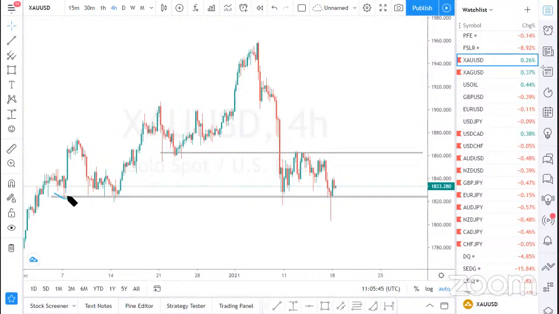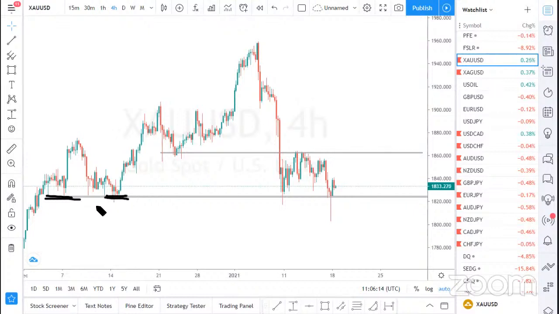We got a support. Okay, I'm going to change my pen to a black color, and make this pen a little bit bold. Right from this level, you can see we got a support structure.